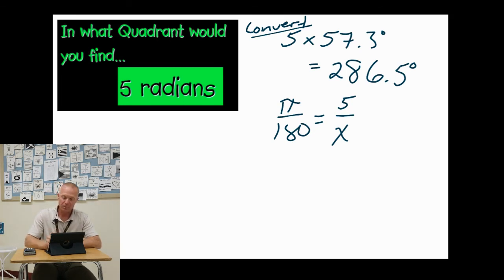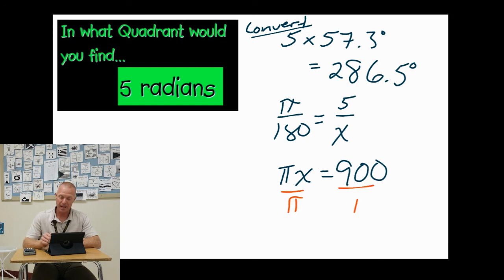And when you cross multiply, you'll see that you're going to multiply 5 times 180. Just kind of double check that. Okay, 900. But the pi doesn't cancel out. Looks like I have to divide it. Now, 900 divided by pi is a little bit more of a mathematical way for us to end up with 286, technically 0.48.